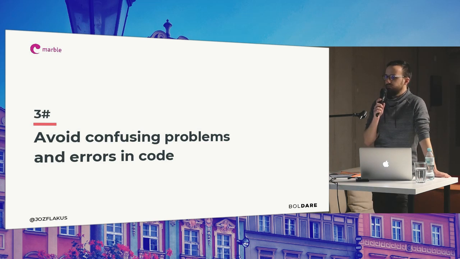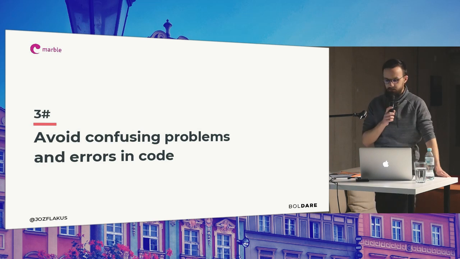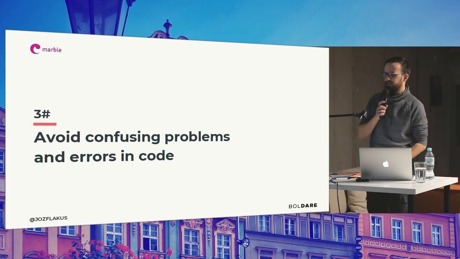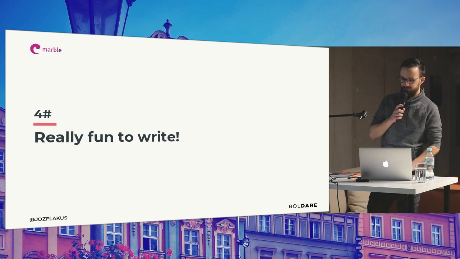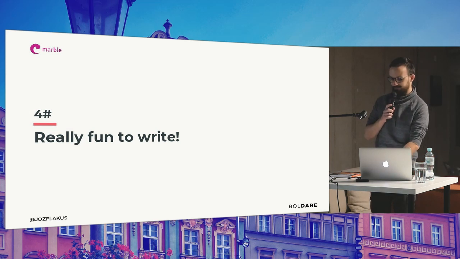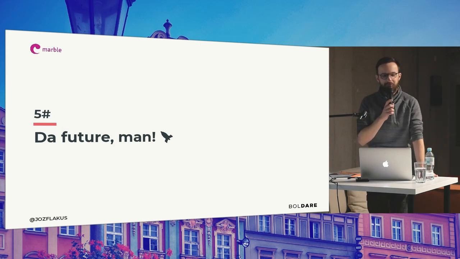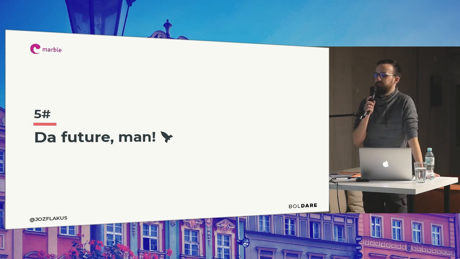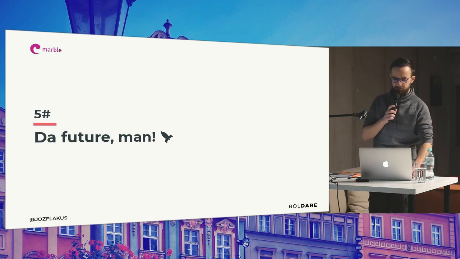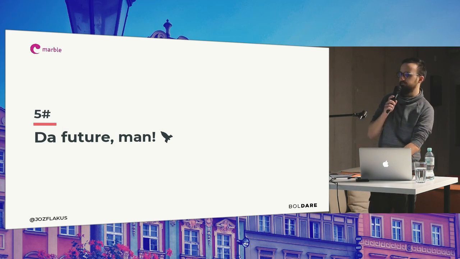So using referential transparency, pure functions, etc., we can be safe. And it's really fun, just try it. You can love it. And this is the future, man. So I believe that in the future we will build many big applications only using the functional paradigm combined with reactive stuff.